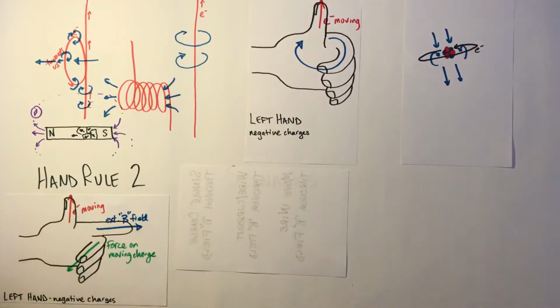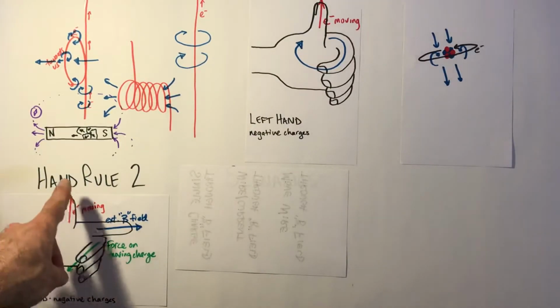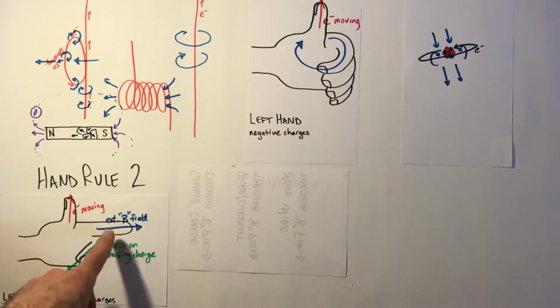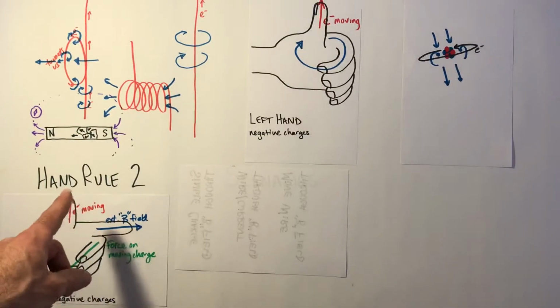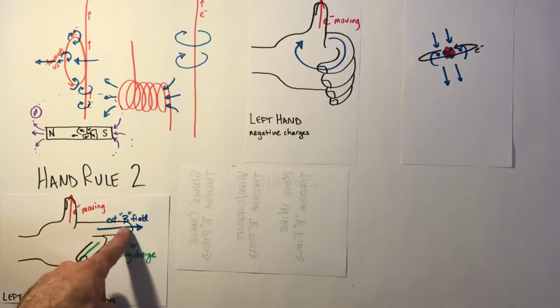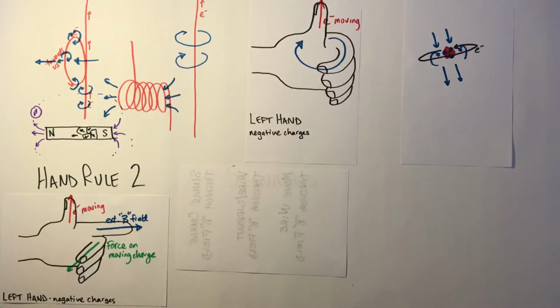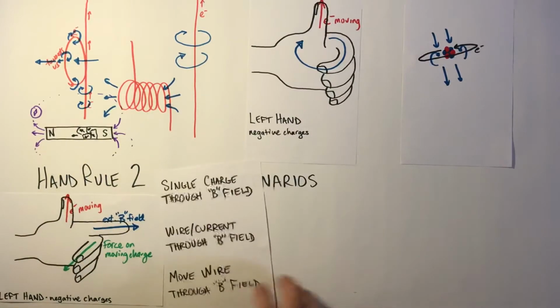Finish writing that. Okay, so trying to put all that together. If you have an electron moving through an external magnetic field, there will be a force on that moving electron due to this field. Okay, now that probably seems really abstract, hard to imagine. So let's look at a couple of scenarios.